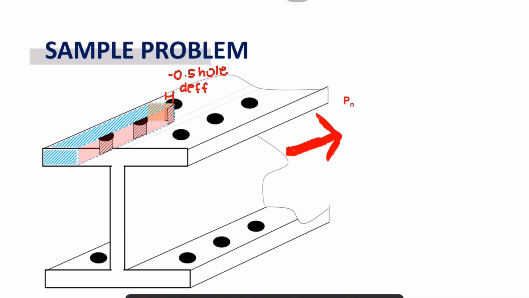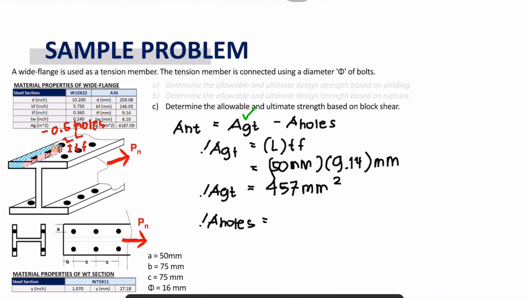So, kalahati lang over 2 multiplied doon sa ating thickness of flange. Yung ating holes daw, kalahati lang ng hole, 1/2 or 0.5. They are the same. Multiply doon sa ating D effective. So, yung D effective natin, 20 millimeters.